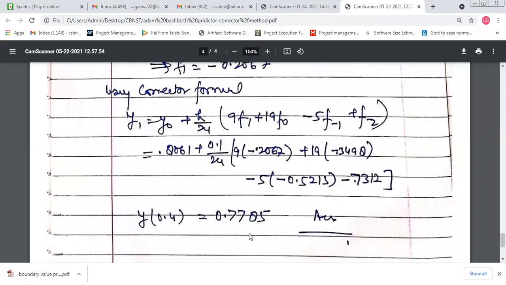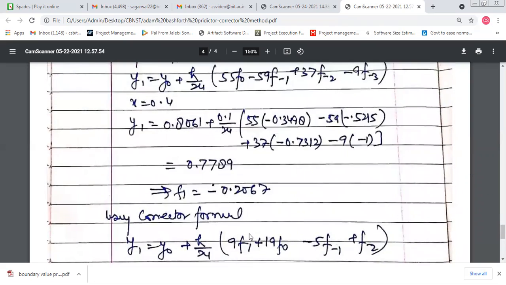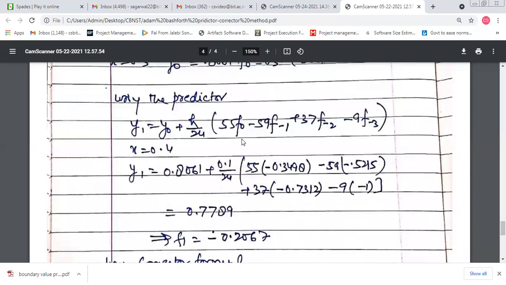So this example has been explained because, to apply the Adams-Bashforth formula, you require the values of f0, f minus 1, f minus 2, and f minus 3. The value of f0 will be known because of the initial condition, but f minus 1, f minus 2, and f minus 3 are required.